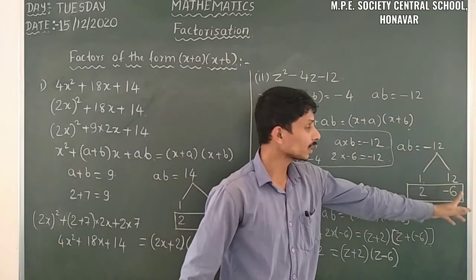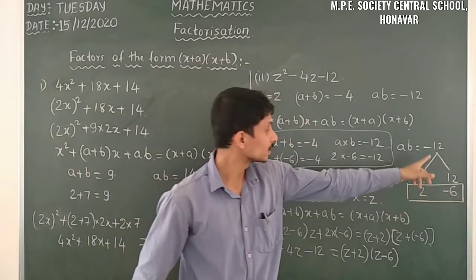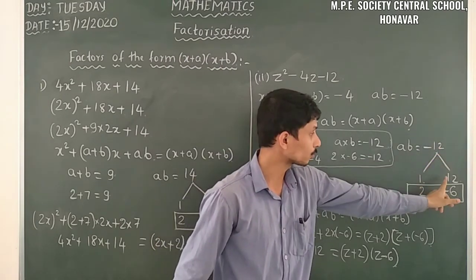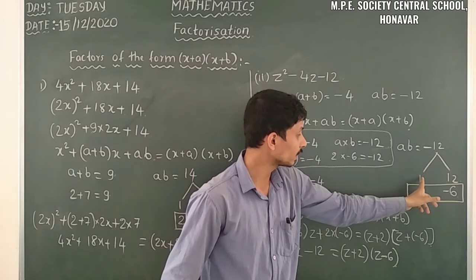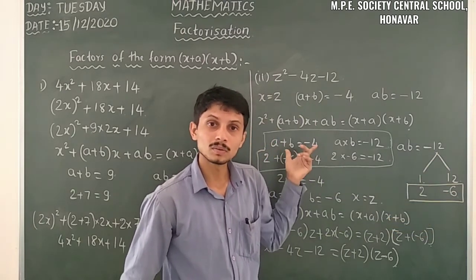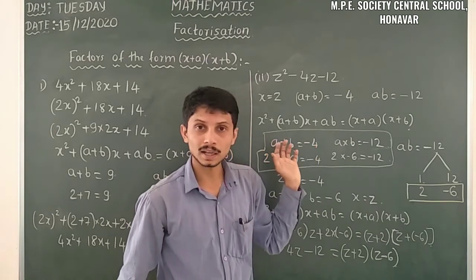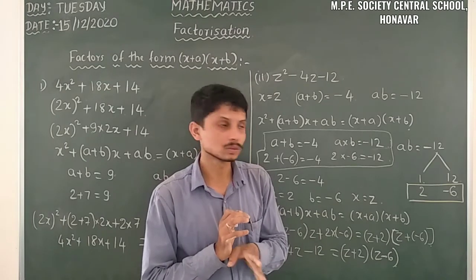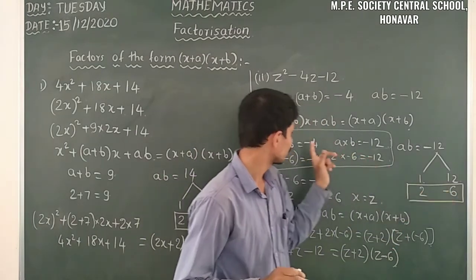Firstly, try to take the factors of this 12, or whatever the number we have, and in that, see which pair is possible to give this a plus b as an answer. That means the difference between those two is 4. Just observe, 2 and 6 give 4.